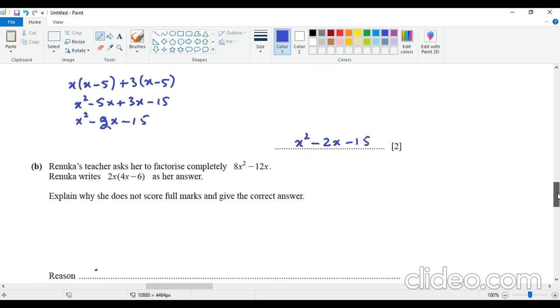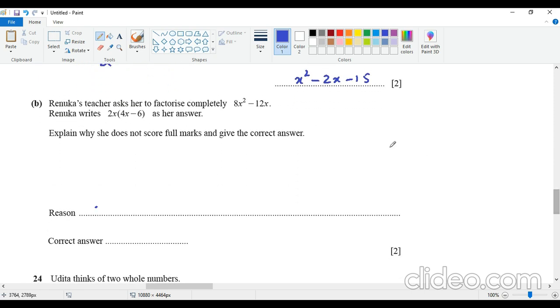Now in the next question, it says Renika's teacher asked her to factorize completely 8x squared minus 12x. Renika writes 2x times 4x minus 6. When you look at this closely, in 4x minus 6 there is a number 2 that can divide both of them. So 2 is common in both of them. This is why Renika's answer is wrong.